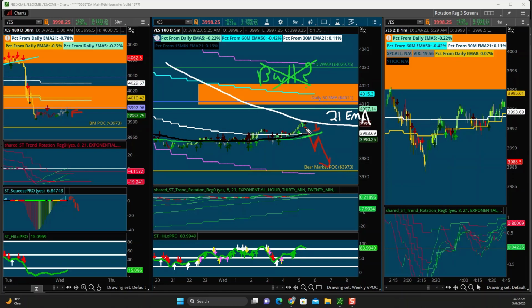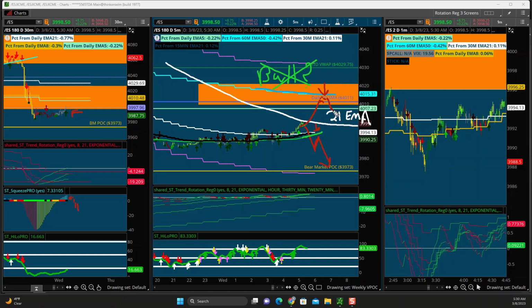If it does and then rolls over, so if price does rally up to the 50-day SMA up here, starts to stall, and you start to get dots and arrows, and at the same time this 60-minute 50 EMA may be right here as well, I like to see price stall, and then we get sell signals to take that back down.